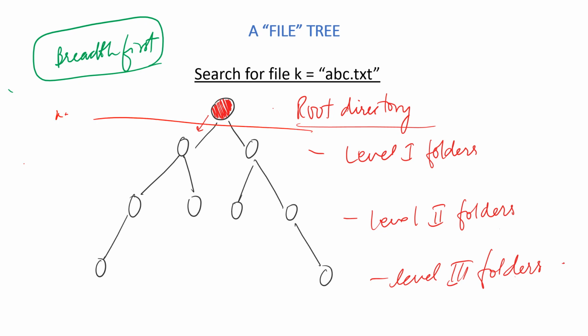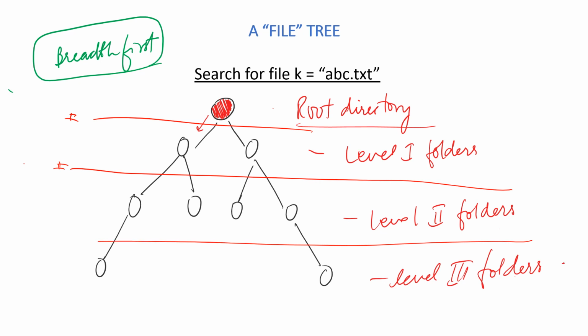Let's go to level 2, let's call this 1, got 2, got 3. As in the previous case, we'll let abc.txt be in the rightmost child, or the rightmost leaf of this binary tree.